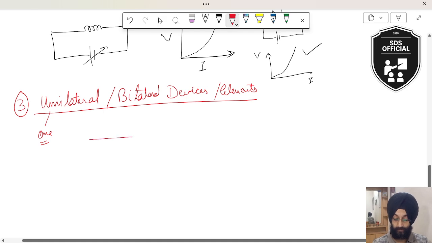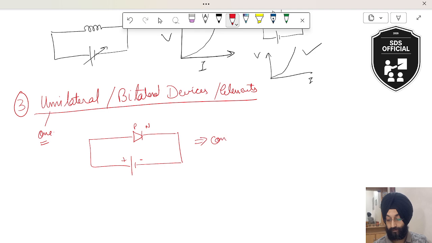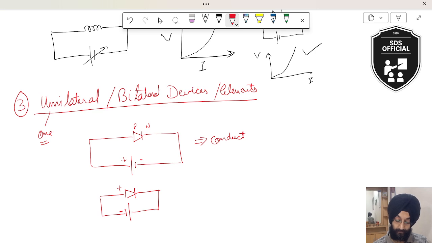For example, if we are having a diode, and we apply a voltage in this direction, positive is connected to P type and negative is connected to N type, then only it will conduct. Now if we reverse the direction of applied voltage, negative is connected to P type and positive terminal of the battery is connected to N type, what will happen?